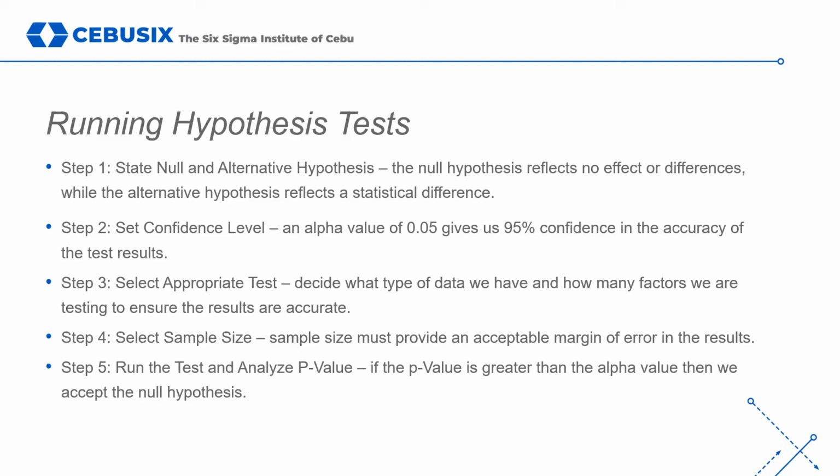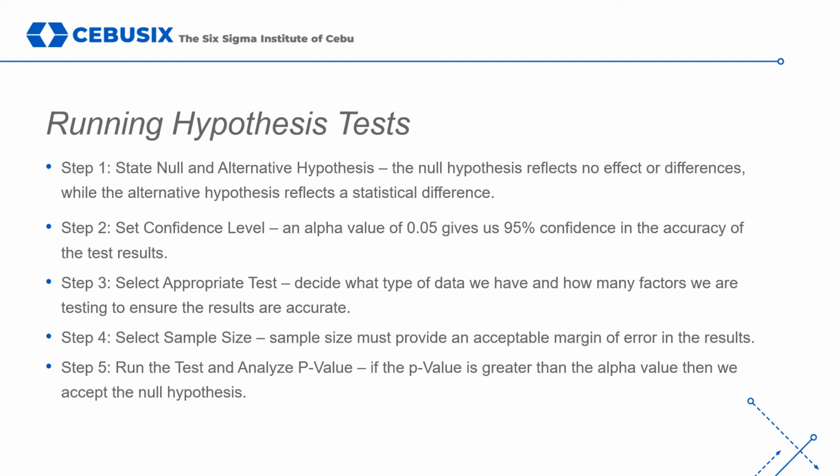Step 3. We decide which hypothesis test we are going to use. We choose the hypothesis test based on the type of data we have, the statistic we are dealing with, whether mean, variation, or etc., and how many sets of data we have, which are the levels of interest in X. Step 4.